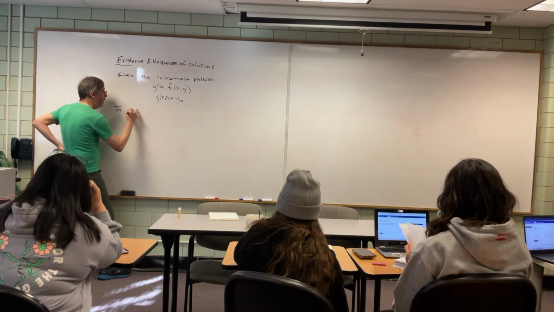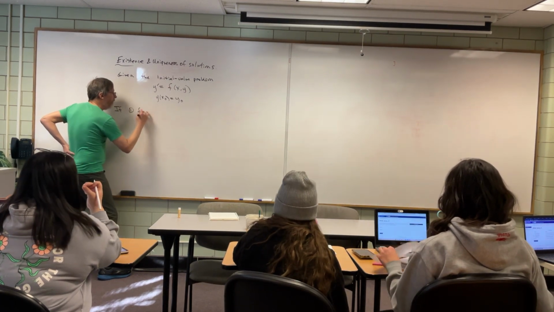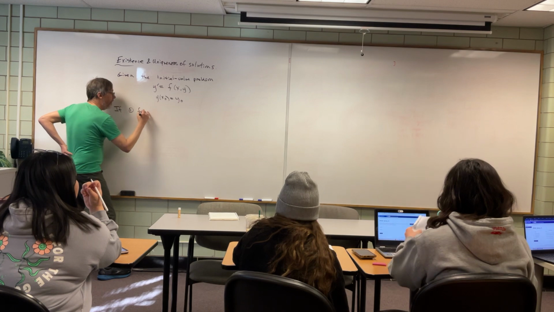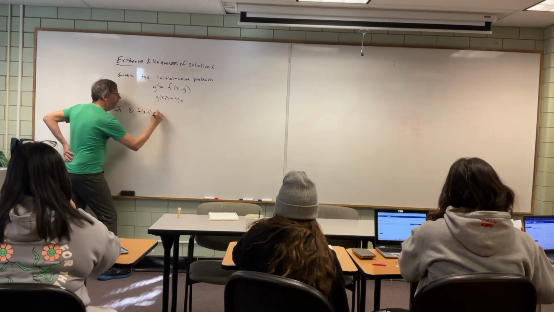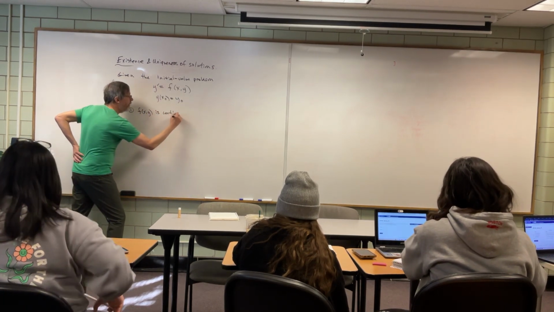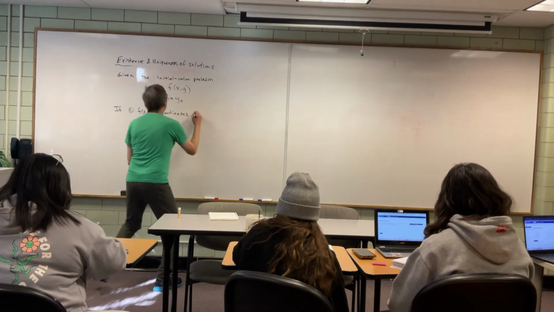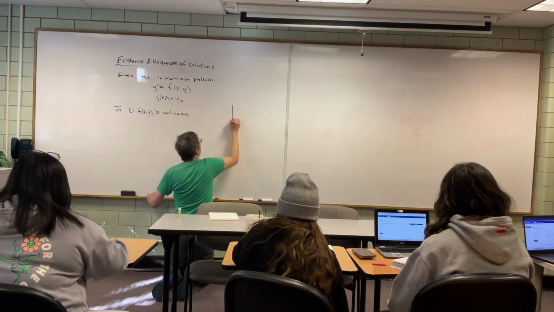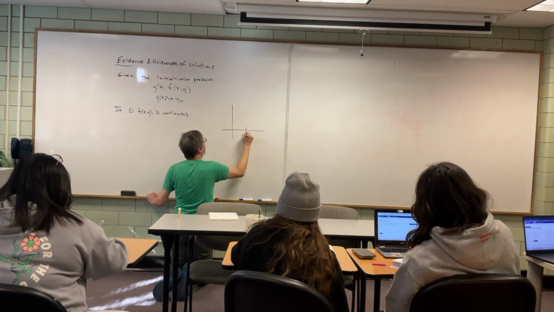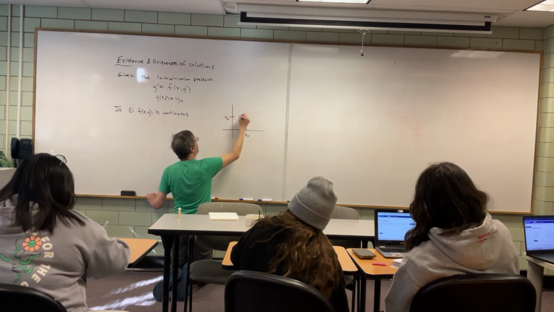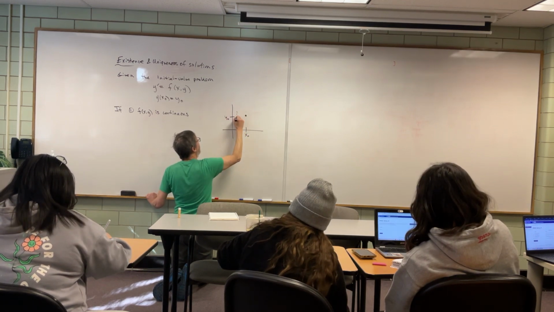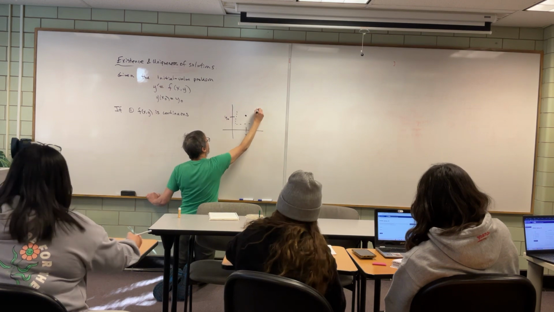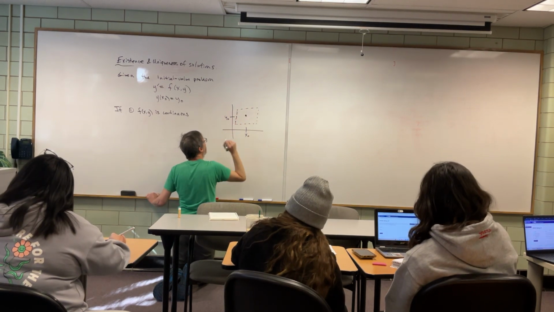One is that this function f of x, y is continuous. And let's draw a picture here. So I want to describe a rectangle. Here's x naught, here's y naught, here's our initial value. I want to describe a little rectangle around this thing.